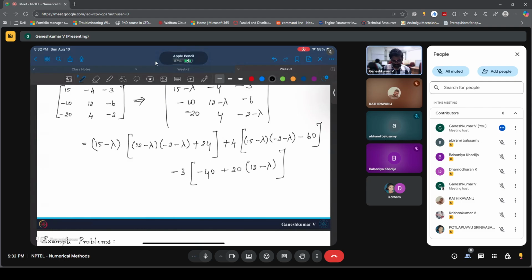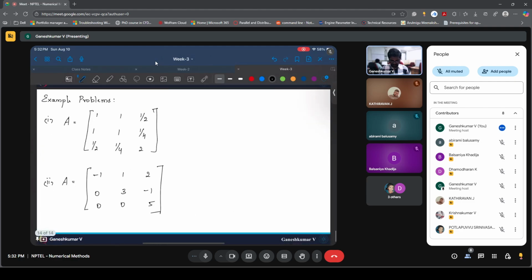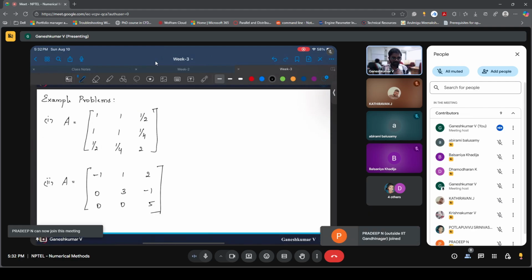Okay. Here are a few problems where you can use the Jacobi method, or the inverse method, to find out eigenvalues and eigenvectors.